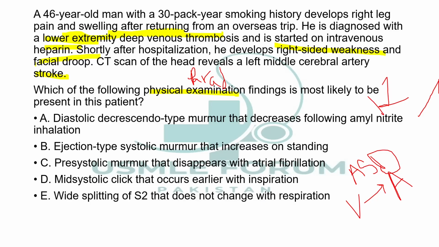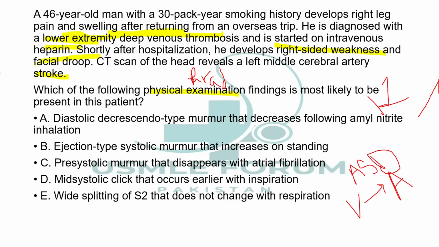If an embolus is dislodged in the venous system, it is supposed to cause symptoms in the venous system, but here it is dislodged from the venous system and is causing symptoms in the arterial system. That is why it is known as paradoxical emboli. So the person has ASD. This is a high-yield factoid: paradoxical emboli occur in people with ASD. And what is paradoxical emboli? Deep venous thrombosis causing a stroke. All right? You have to remember those facts.